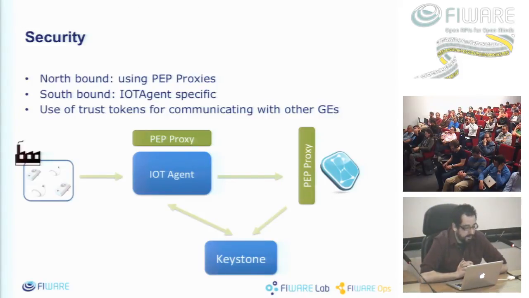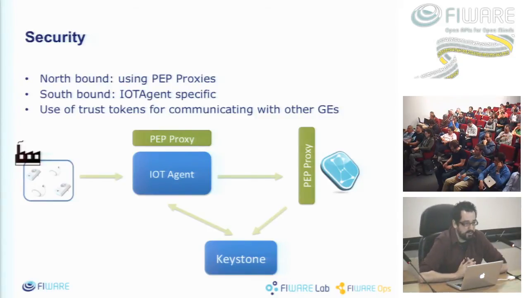The security information in this case will be retrieved by the use of trust tokens for the communication with the context broker. The trust tokens are a mechanism used in the Keystone identity manager that lets a user create a permanent token for their identity and a particular role, that lets the owner of that token create access tokens impersonating the user for that particular role.